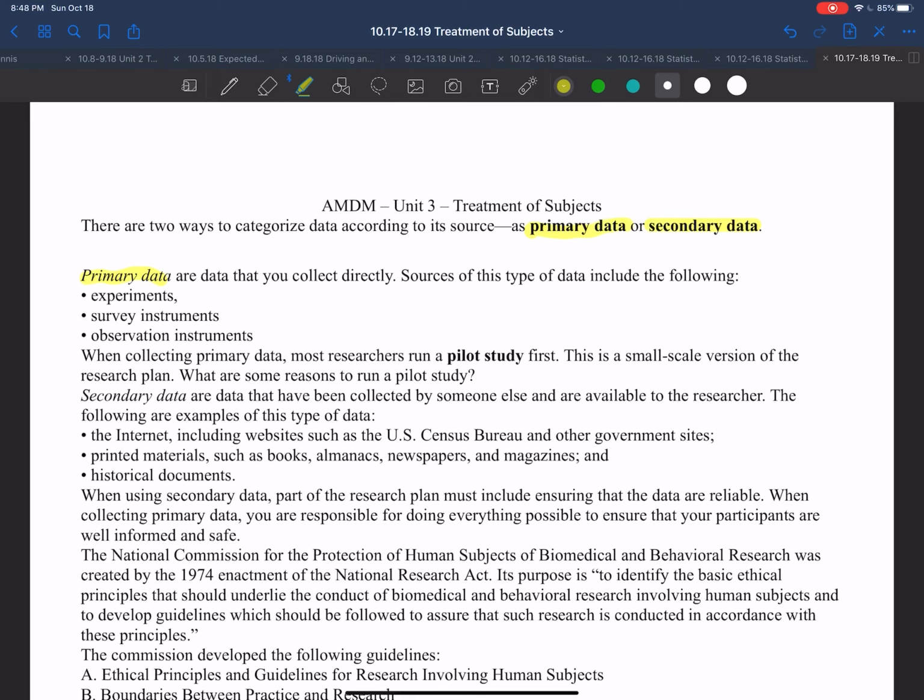When collecting primary data, most researchers run what's called a pilot study first. This is a small-scale version of the research plan, and an example of this is kind of like a TV show. Whenever a TV show is first started, if you go to Netflix, it'll say pilot episode for the very first, like season 1, episode 1.